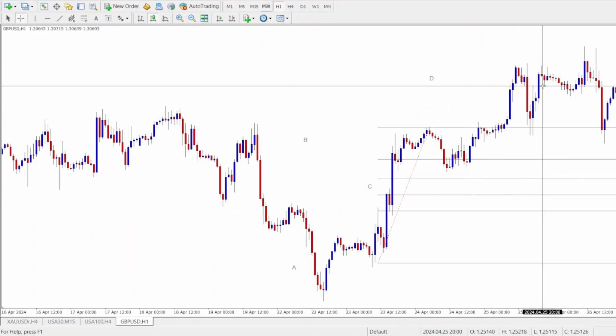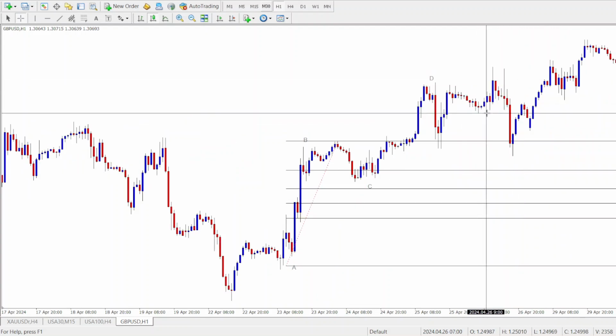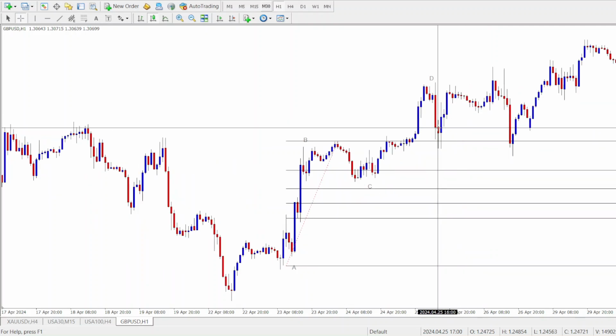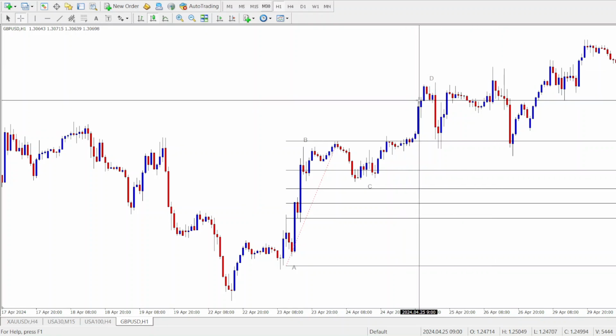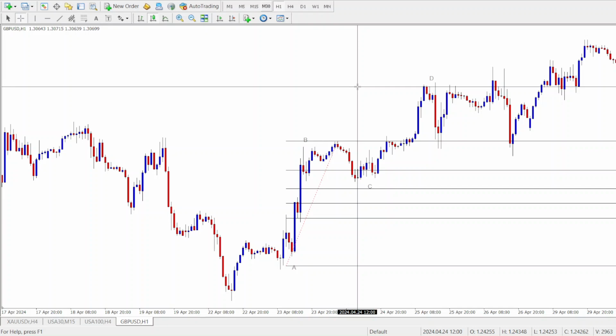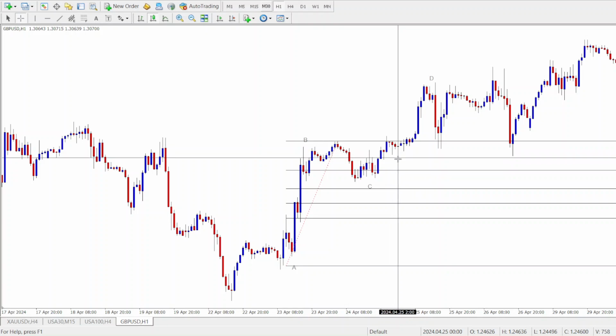But if there is a resistance in the way, you might want to exit at the resistance. So using support and resistance levels can serve as extra confirmations, and you can also use other indicators for extra confirmations as well.